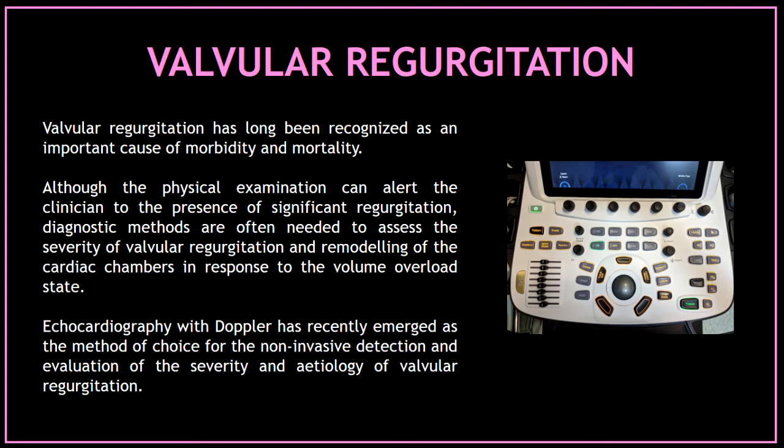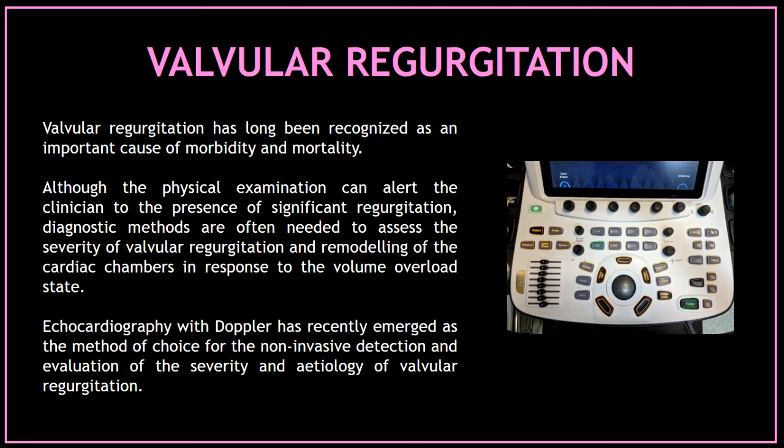Although the physical examination can alert the clinician to the presence of significant regurgitation, diagnostic methods are often needed to assess the severity of valvular regurgitation and remodeling of the cardiac chambers in response to the volume overload state.